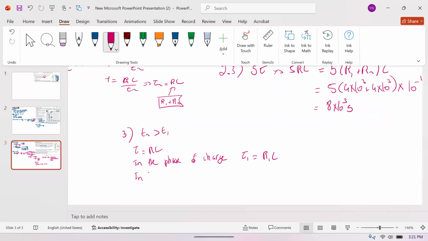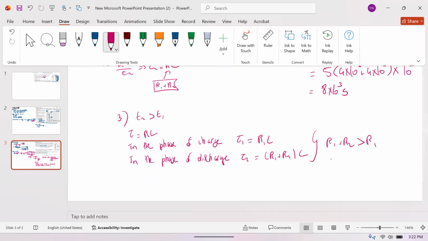However, in the phase of discharge, tau 2 is not simply R1C, it's R1 and R2 together times C. Okay, and since R1 plus R2 is obviously greater than just R1 by itself, obviously tau 2 will be greater than tau 1, which makes the time needed to completely discharge bigger than charge. Okay, as simple as that.